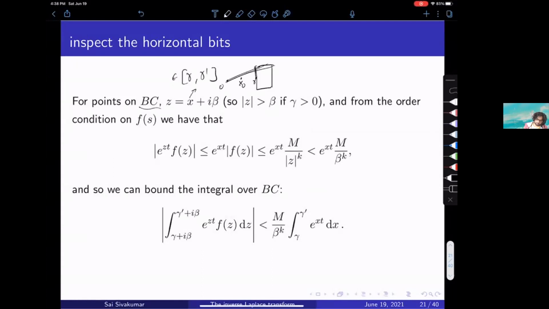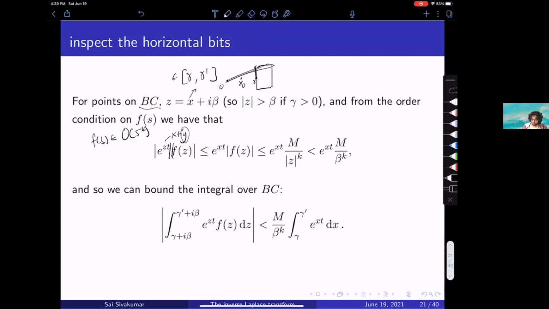And again, remember from the order condition, we have f of s is O of s to the minus k. So we're going to use that when we take the absolute value. So the absolute value of the product e to the zt, where z is x plus iy, the iy part is just going to be spinning around in a circle, so that part doesn't really matter.